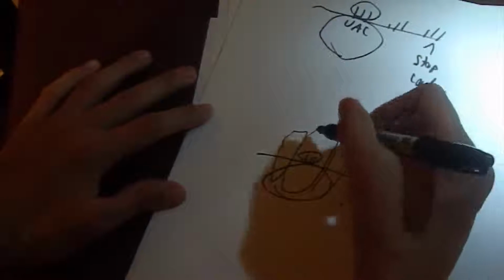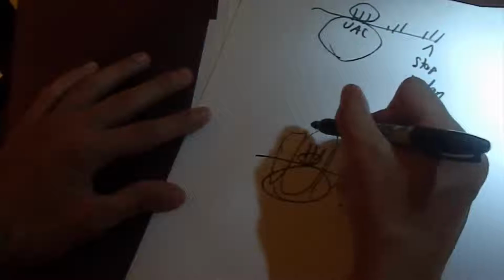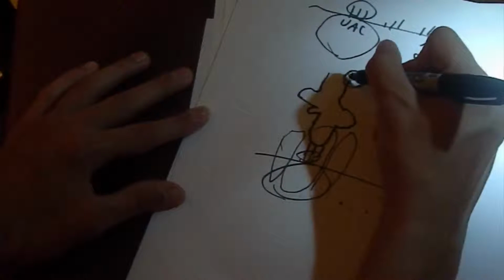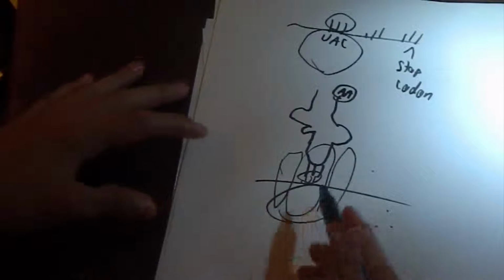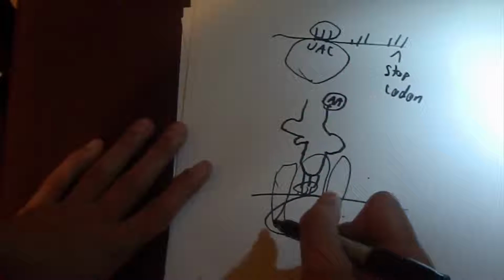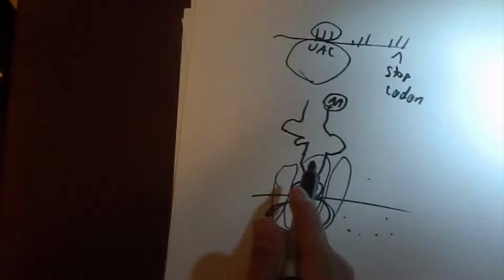So, the first strand of tRNA, it comes down with its amino acid, and it binds to the mRNA, and the mRNA stores that information inside of the ribosome. And then this tRNA waits for another tRNA to come.